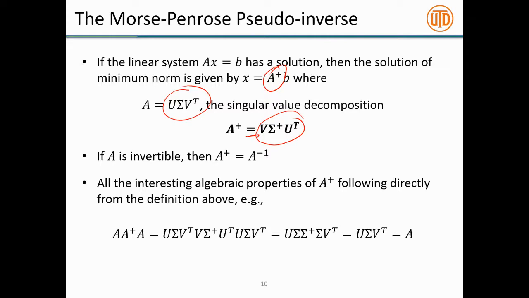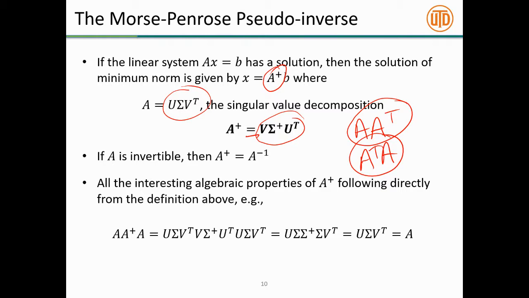Remember that the singular values are equal to the square roots of the eigenvalues of A A transpose. In this case, A A transpose and A transpose A will be full rank matrices, so there will be no zero eigenvalues anywhere, in which case sigma plus will literally be the inverse of the matrix sigma.